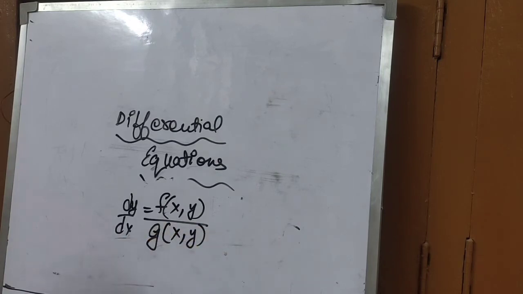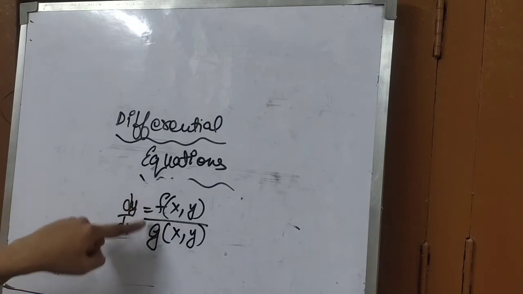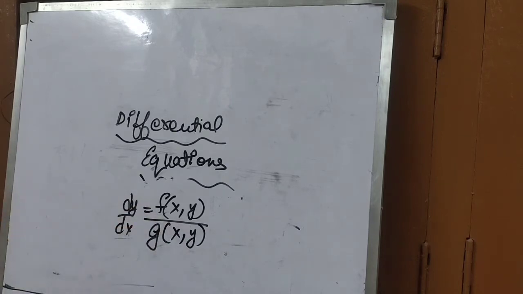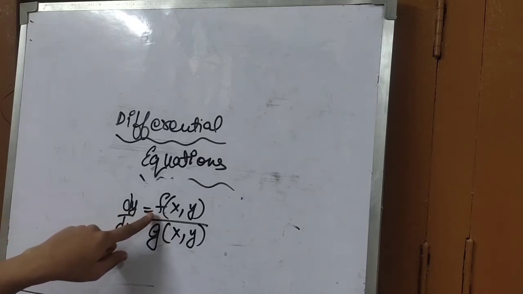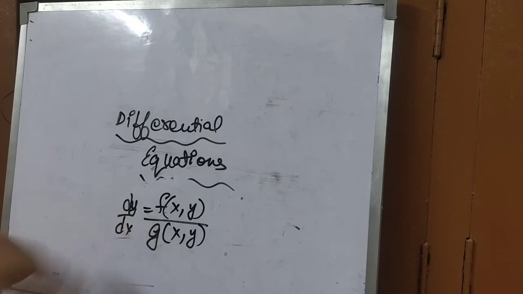When my functions are identical in degree, I say that they are homogeneous in nature. You can just see that my functions f and g are both homogeneous functions. Why? Because x and y have the same degree.